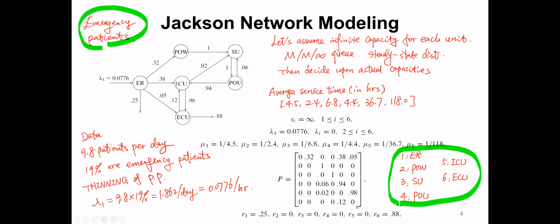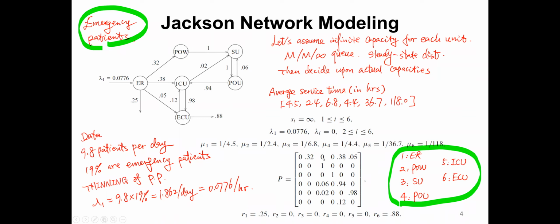For the last state, extended care units, you also have 0.88 to get discharged. So this R denotes the probability to exit directly from a particular unit. From this unit you can exit to the outside, discharged, with 25%; from this unit it is 88%. For this 4th state, you cannot exit to the outside, so the probability is 0.